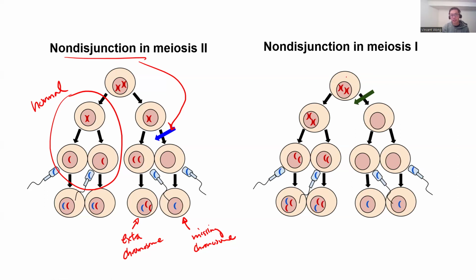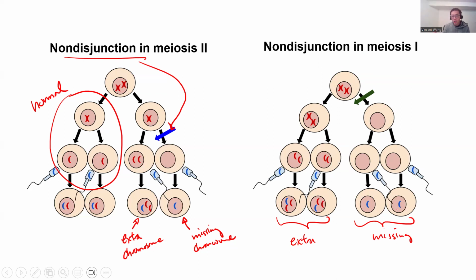So let's take a look. These things are supposed to separate, but they didn't. So one cell gets all of it, and the other cell is missing. The missing one will continue to miss that pair all the way through, while the one that got the extra will continue to have extra all the way through. So here, both of these have extra, and both of these will have a missing chromosome.